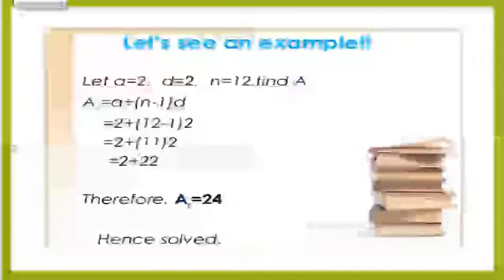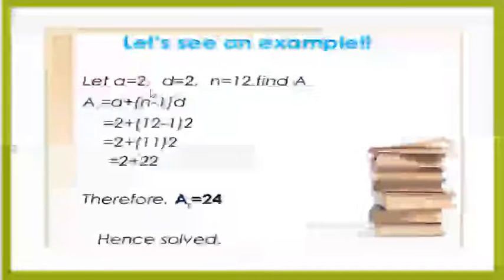Let's see an example. Here a is equal to 2, d is equal to 2, n is equal to 12. Find an. an is equal to a plus (n minus 1) into d.